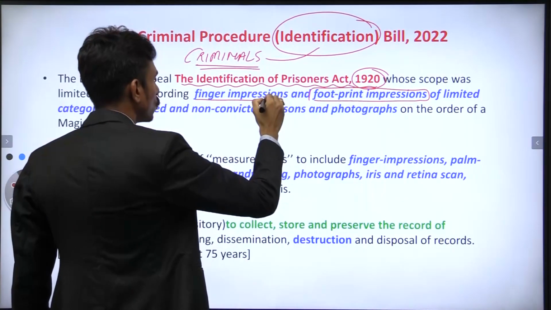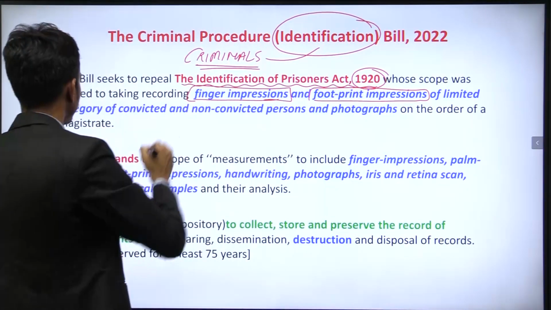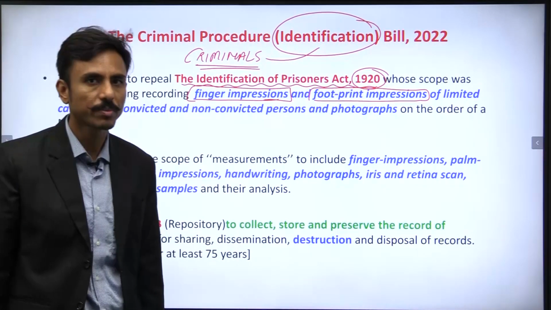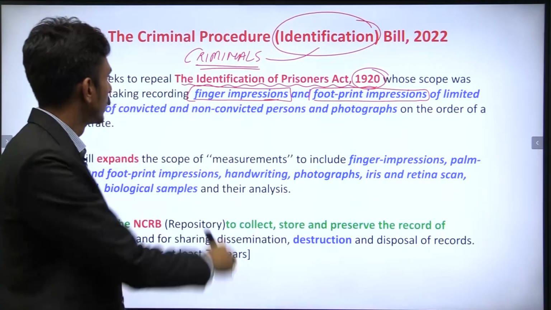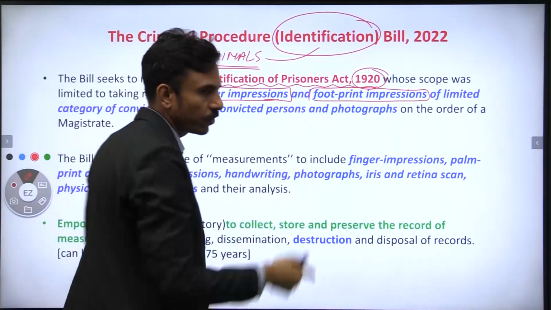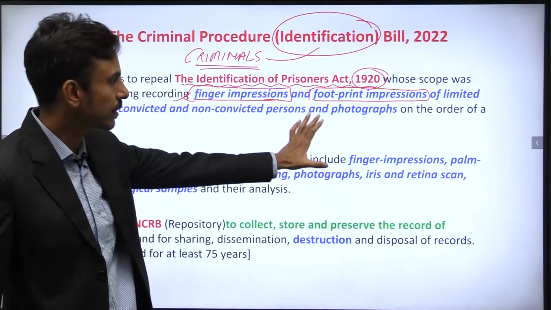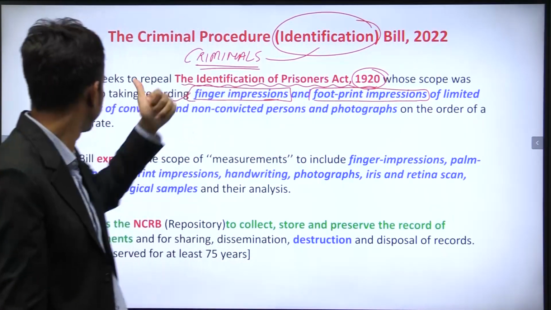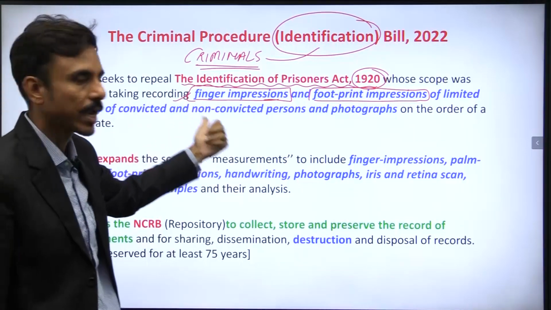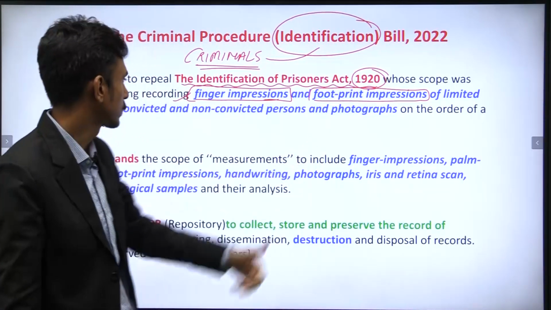There are only two measurements which were being recorded while identifying the criminal: the finger impression and the foot impression, right? And nothing else, correct?